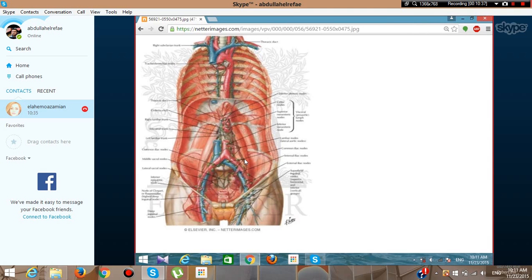It's clear so far? Then the common iliac nodes drain into lumbar nodes. If you go upside here, on each side you see lumbar nodes, or they are called lateral aortic nodes.